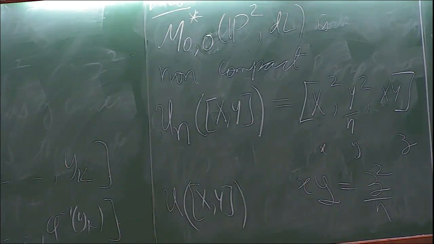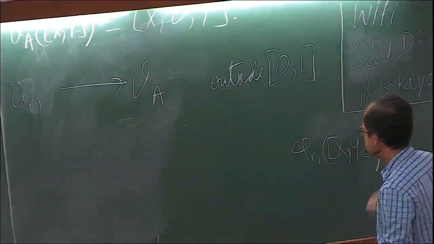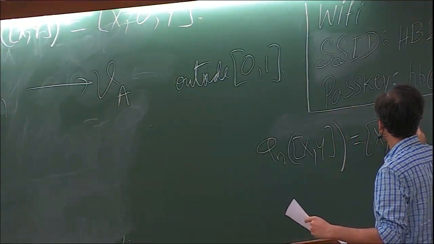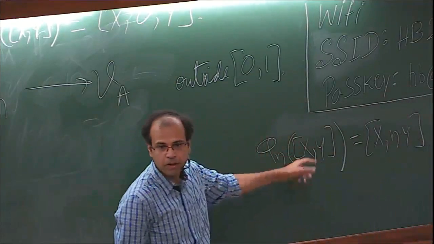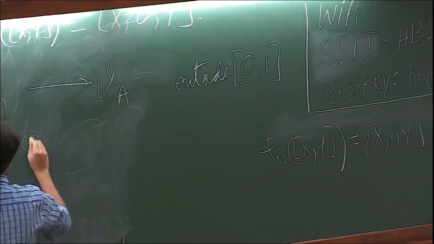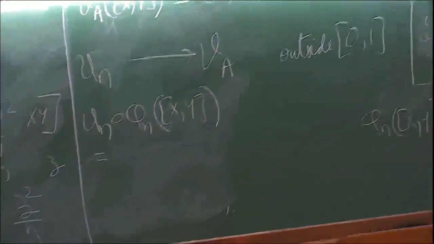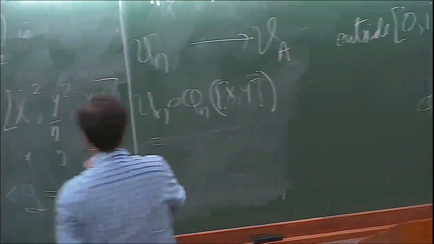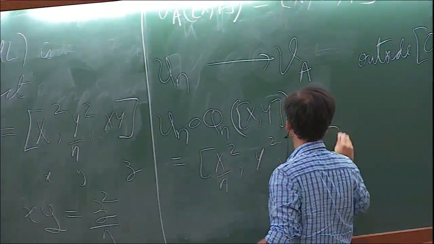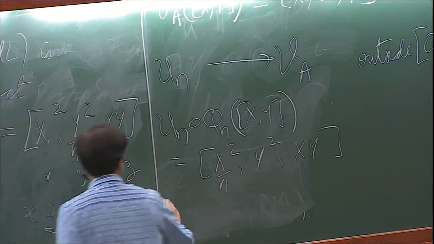Let's say phi n is a Mobius transformation, x, ny. This is a map from P1 to P1, so that's a Mobius transformation. So let's look at UN composed with phi n. You can convince yourself it's basically the same thing, except it's x squared by n, y squared, and xy.